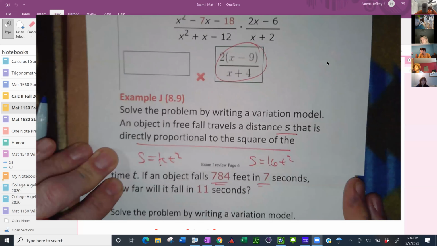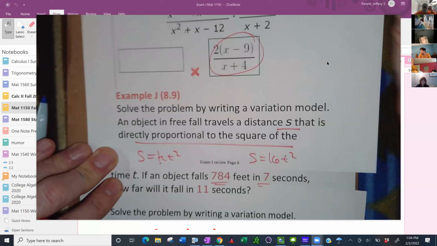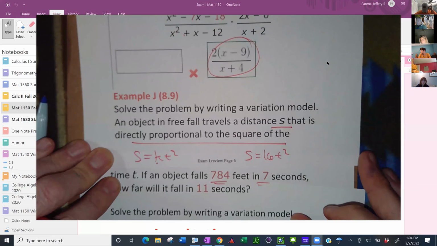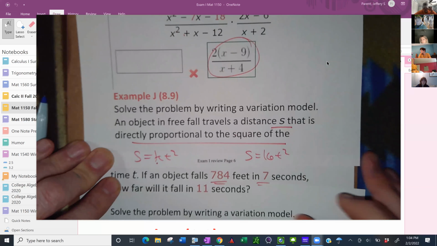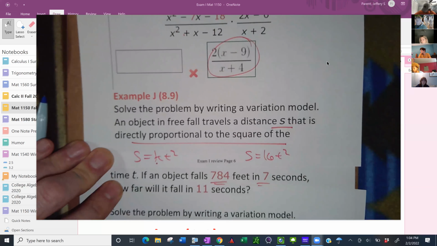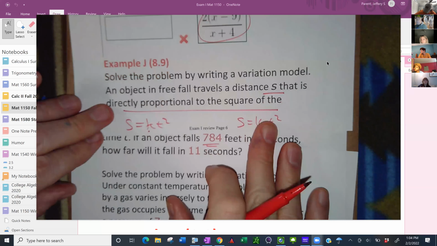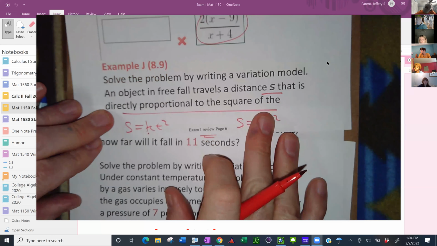Question? Yeah, I have a question. Variational problems. So when it comes to the exam and we have the word problems, can we use the sheet that reminds us what the y varies directly, the handout that you made, or should we just memorize them? There's only 3 things really.